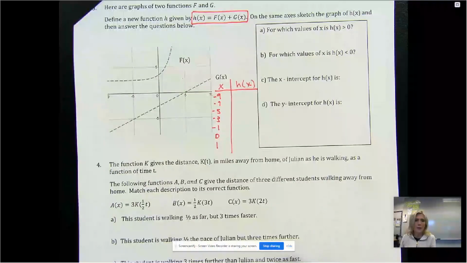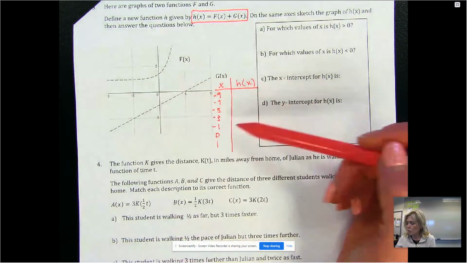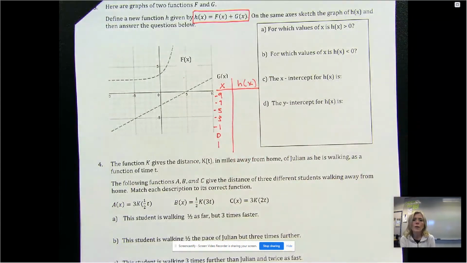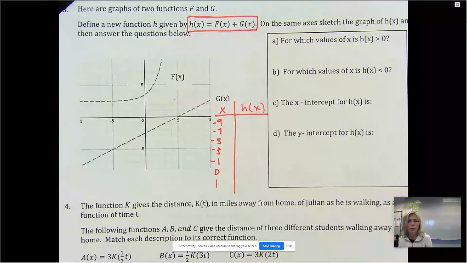I kind of got a little bit started here on page 2, just creating the start of the table. I noticed a couple of things that made me choose these values for x. Basically we have to figure out, when we add the outputs of those two functions together, what's our new point? There just weren't a lot of whole number points to work with here.